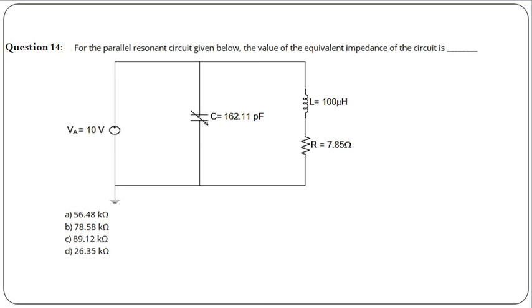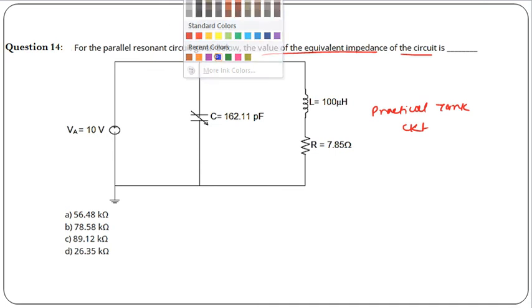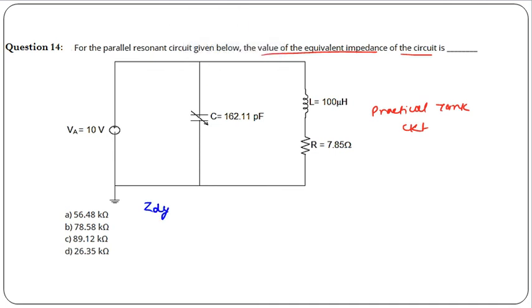Next question is, for the parallel resonant circuit given below, the value of the equivalent impedance of the circuit. Again this is a practical tank circuit, and we have to calculate the equivalent impedance. The equivalent impedance is nothing but the dynamic impedance. Okay, so for this circuit the dynamic impedance is given by the L by CR formula.